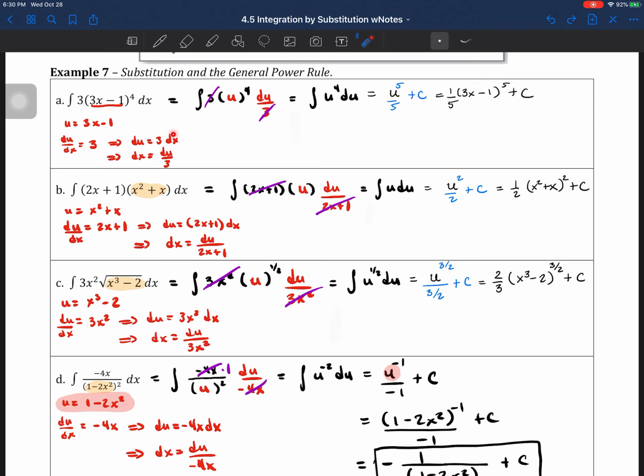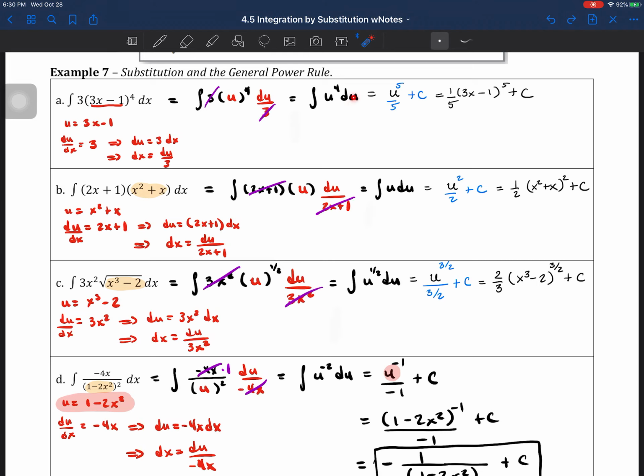I solve for dx all the time, and whatever I get, which will be dx equals du over 3, then that's going in here for dx, right? So when you replace it here, you're going to replace dx with du over 3. The 3 and the 3 will cancel each other out, and so you're left with this.